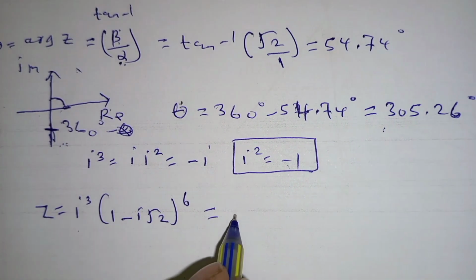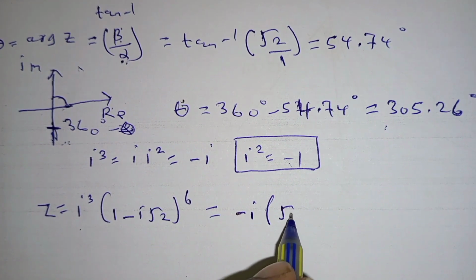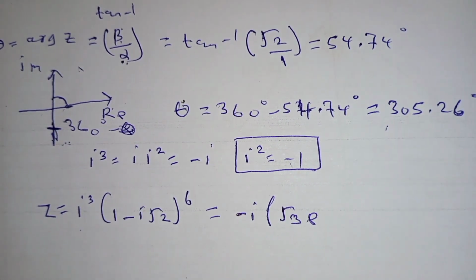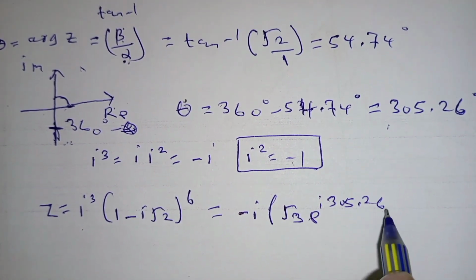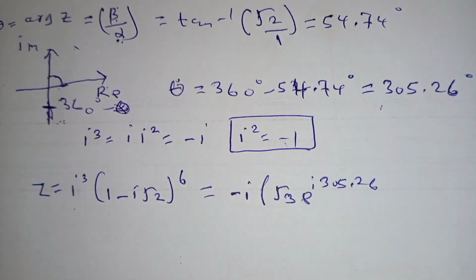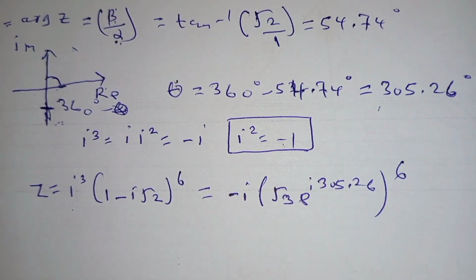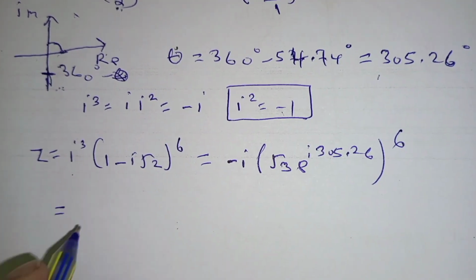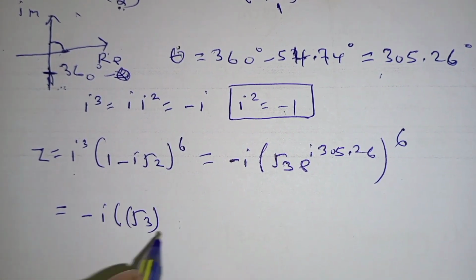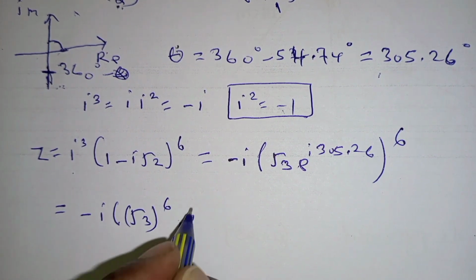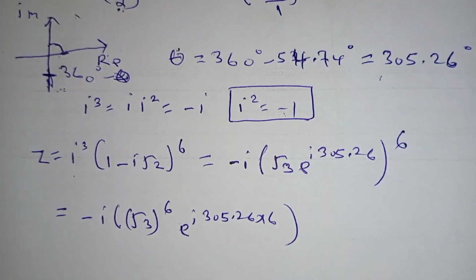Instead of i cubed, we are going to have negative i into bracket root 3 e to the power i 305.26, everything to the power 6. Everything to the power 6, which means that we will have negative i into bracket root 3 to the power 6, then e to the power i 305.26 times 6.